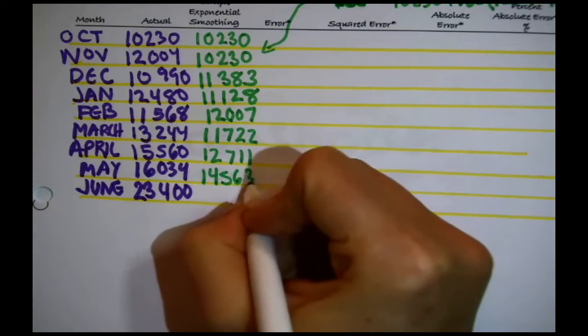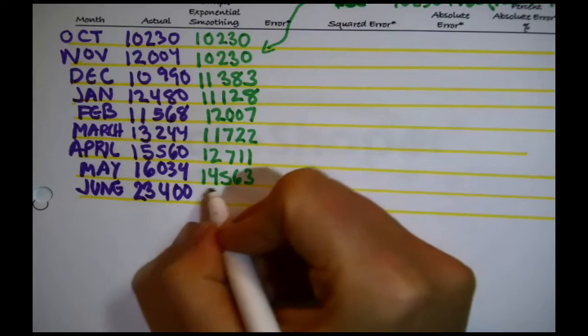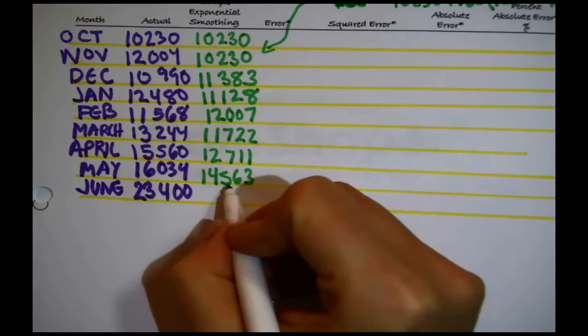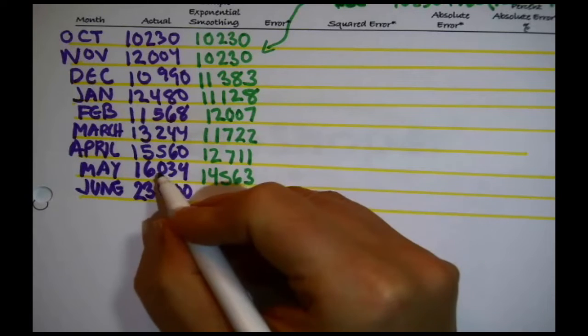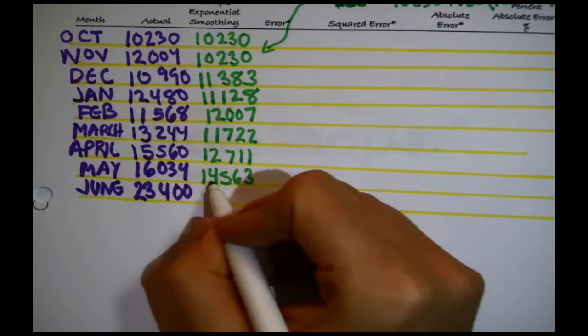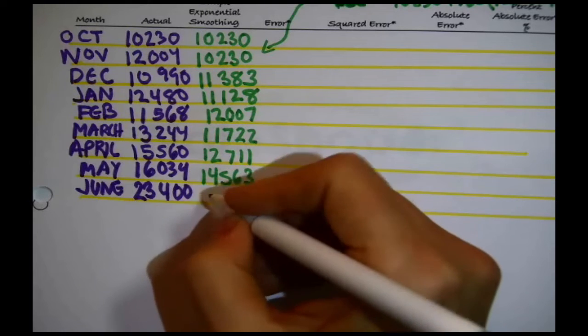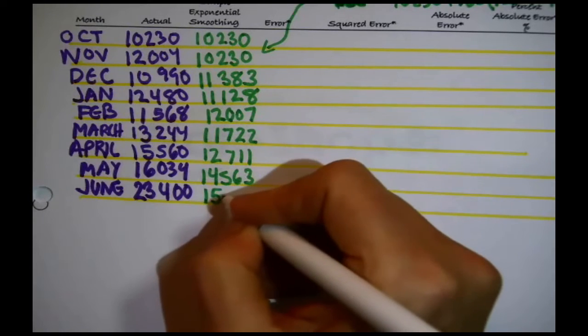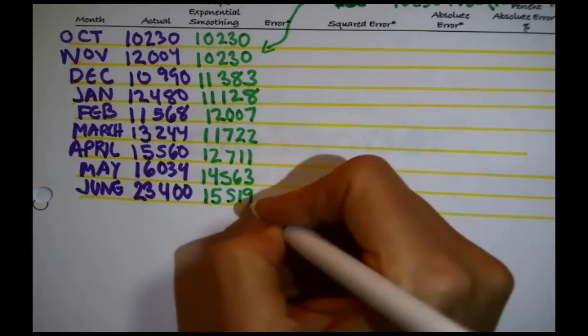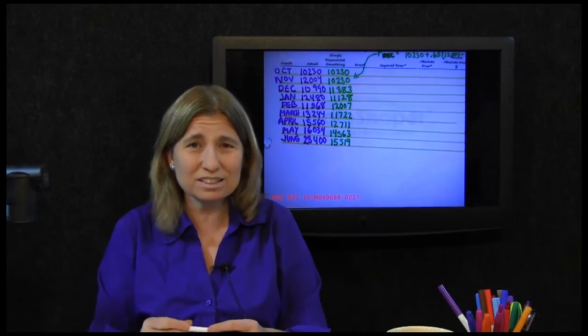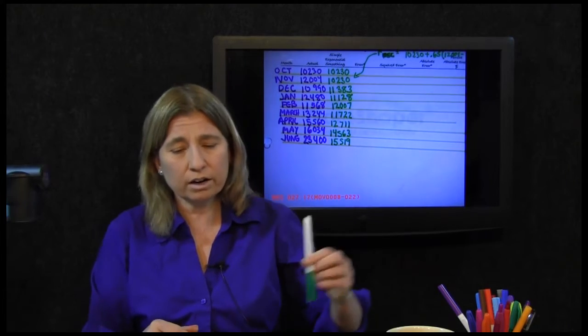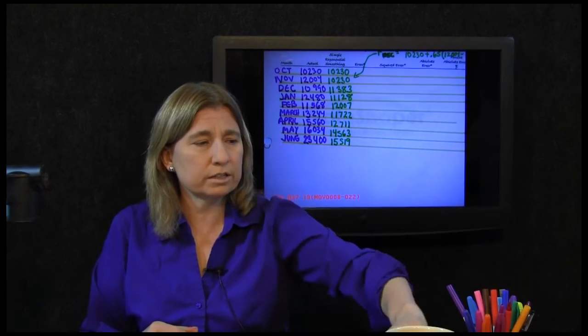And then in June, the forecast for May, this 14,563, plus 0.65 times what actually happened in May minus what I had forecast for May, I get a forecast in June of 15,519. So we have a different set of forecasts because we're using a slightly different technique.